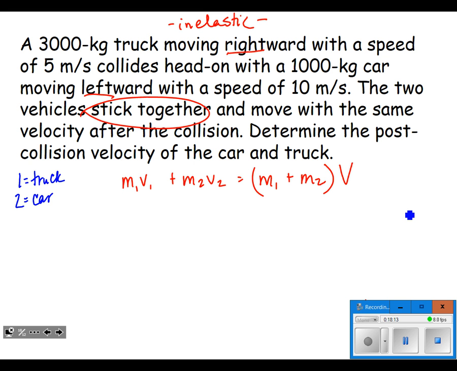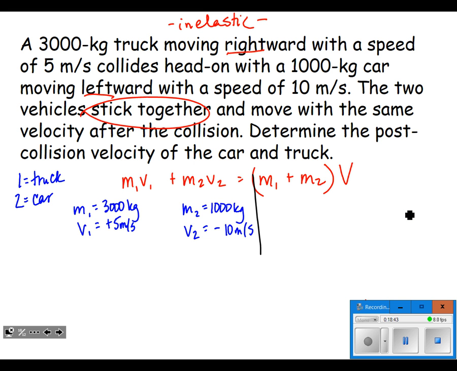So M1 equals 3,000 kilograms and its original velocity, I'm going to make right positive, so I'm going to say a positive 5 meters per second. And then my M2 is the car, so it is 1,000 kilograms. But the V2 is going to be a negative 10 meters per second because it's moving to the left.